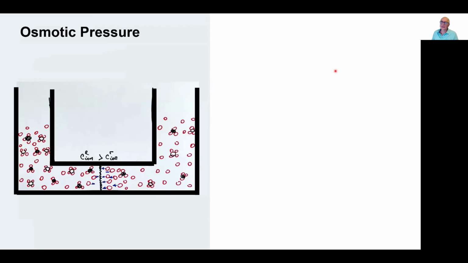Now let's understand the other concept, which is osmotic pressure and osmosis. So this is a typical experiment. We have a semi-permeable membrane that will allow water molecules to go through, but it will not allow hydrated ions to go through. When we look at the membrane here, there is higher salt concentration on the left, so there are fewer free water molecules knocking at the door.